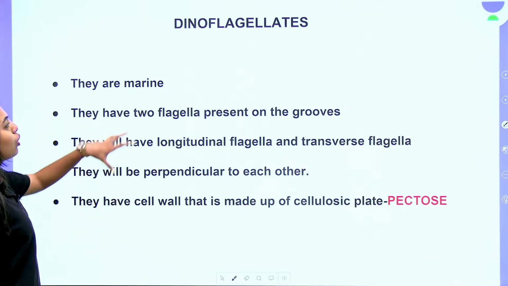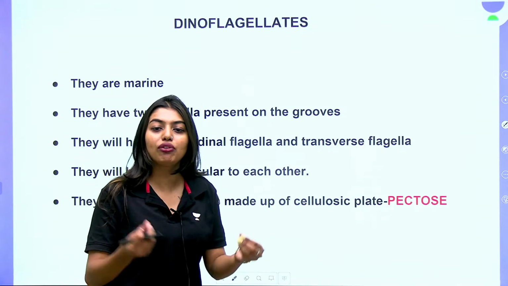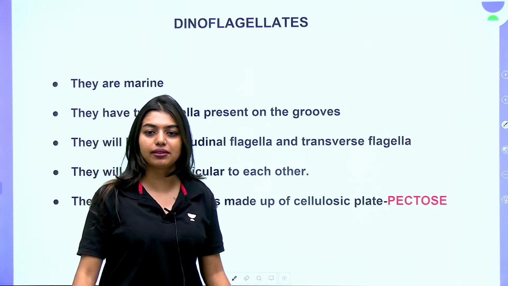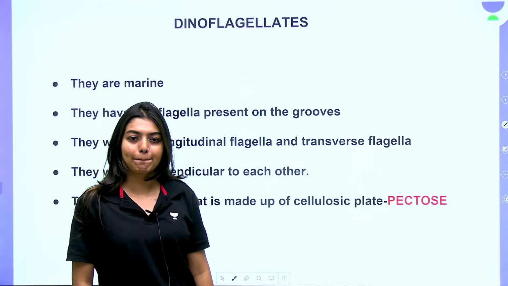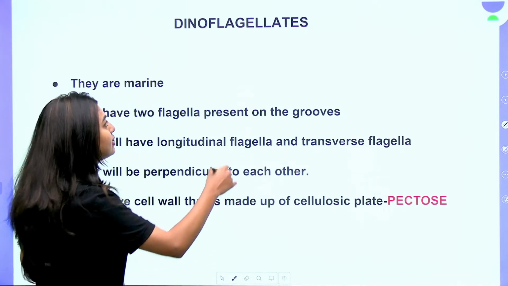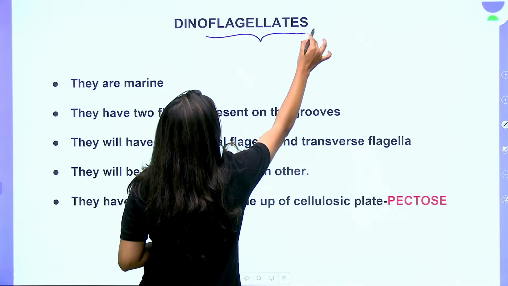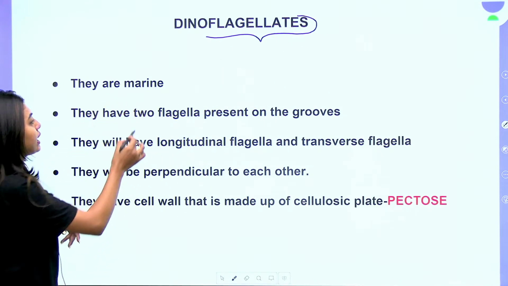Fine. Let's go into dinoflagellates. Students, from the name dinoflagellates, what do you understand? Flagella is there. The word itself says that they have the presence of flagella. They are marine.